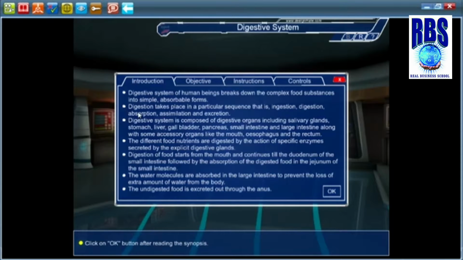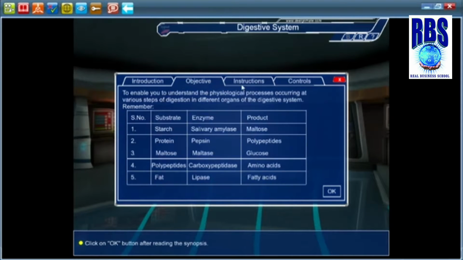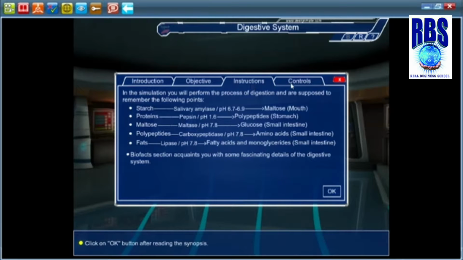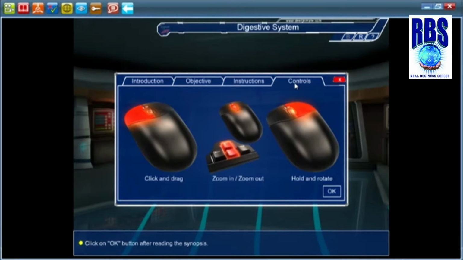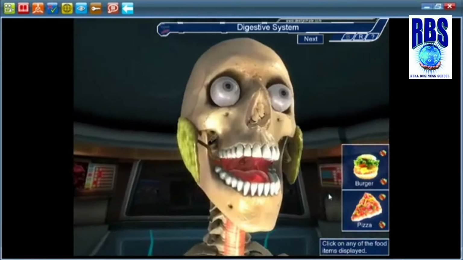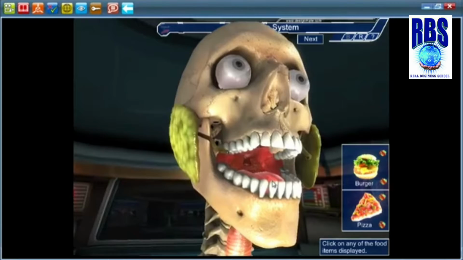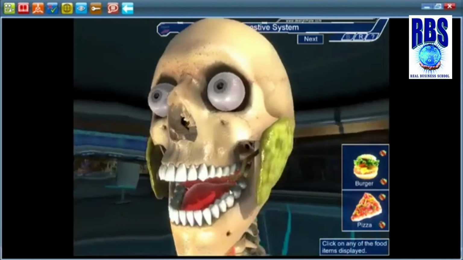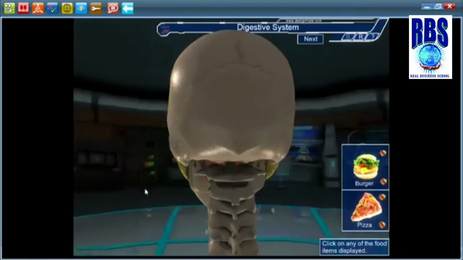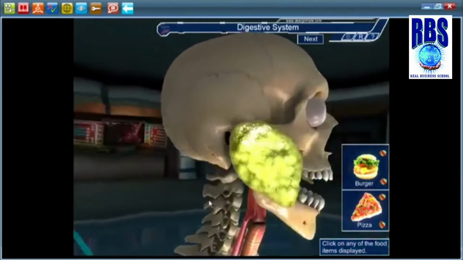Okay, so now each simulation comes with an introduction, objective, instructions to play with it, and the controls. Once I'm through with all of them, then I start playing with the simulation. Here I have a 3D model of the human body which shows me all the organs involved in this digestive system.